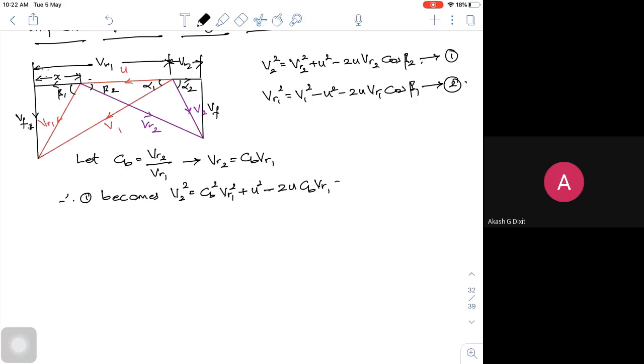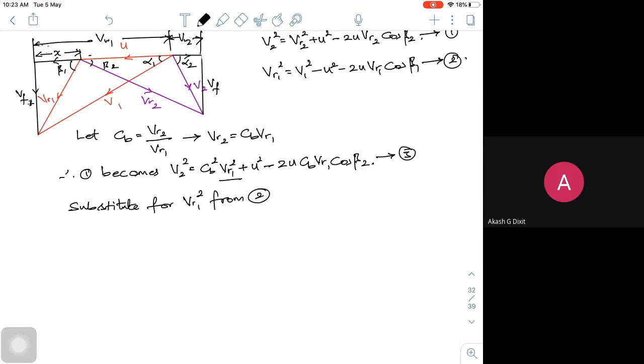I am calling that equation number 3. Now I know what VR1 square is, so substitute for VR1 square from equation 2.